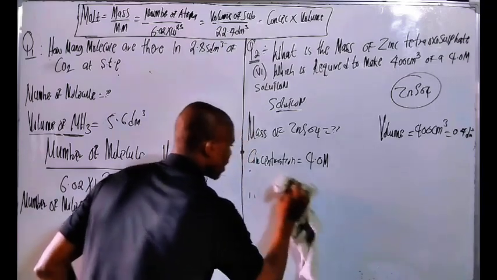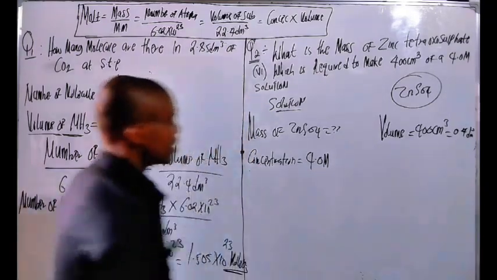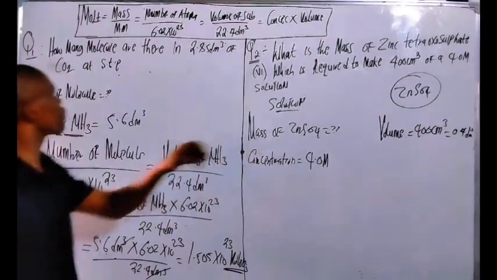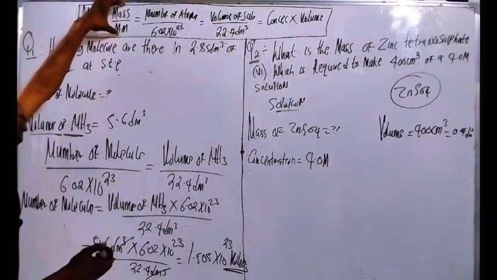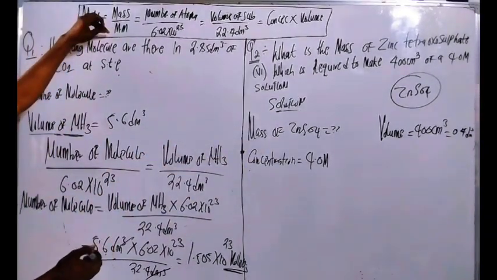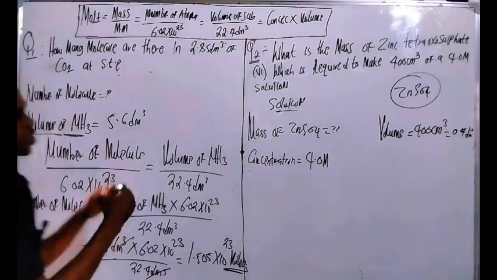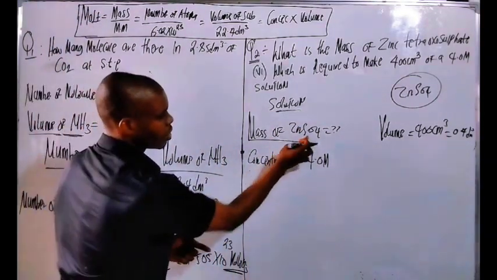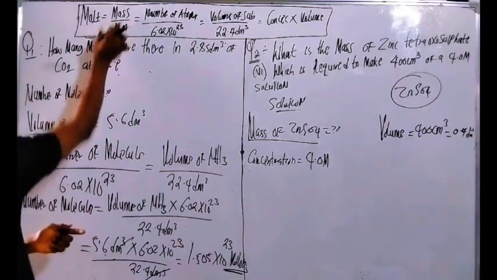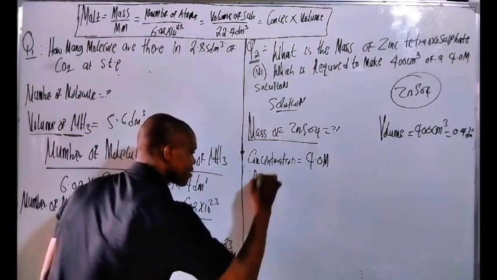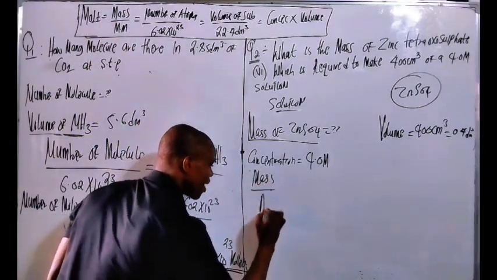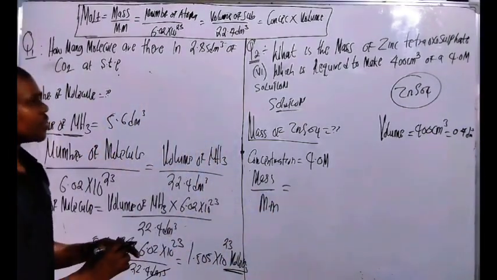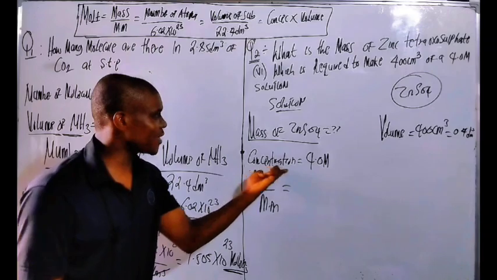So now let's look at the formula we have to use here. Now they say we should calculate mass. Mass, of course, this is mass. So we are using mass over what? Molar mass, right? Because it's all about the mass of ZnSO4. So mass over molar mass equals to, now they are talking about concentration, right?